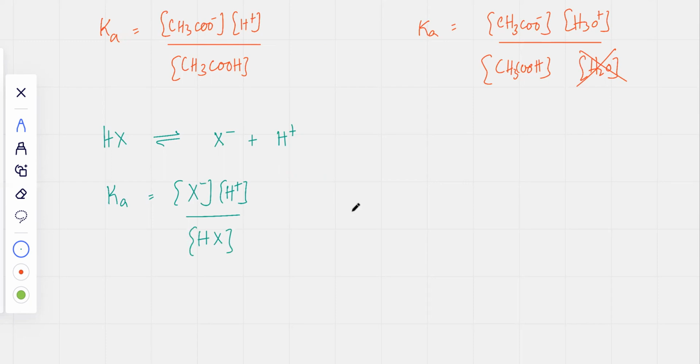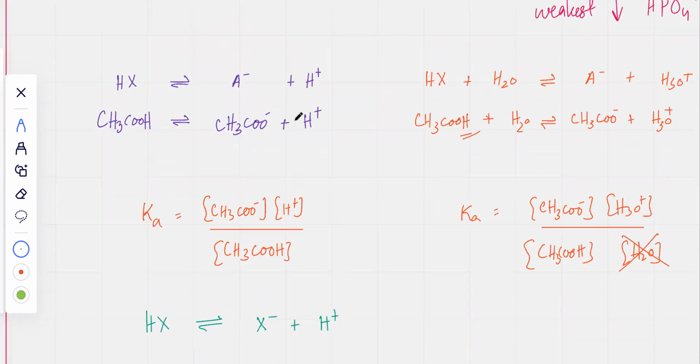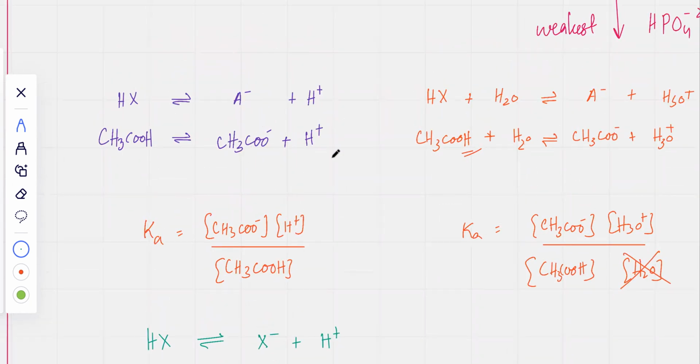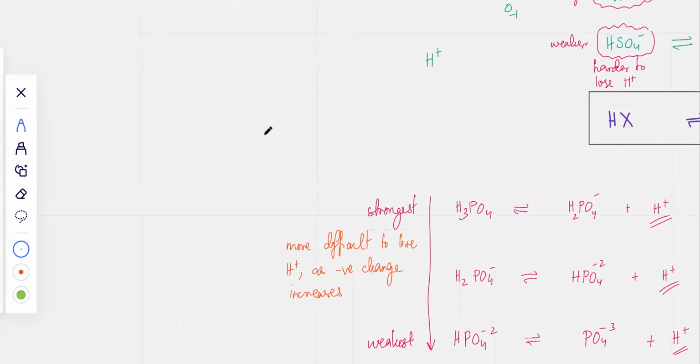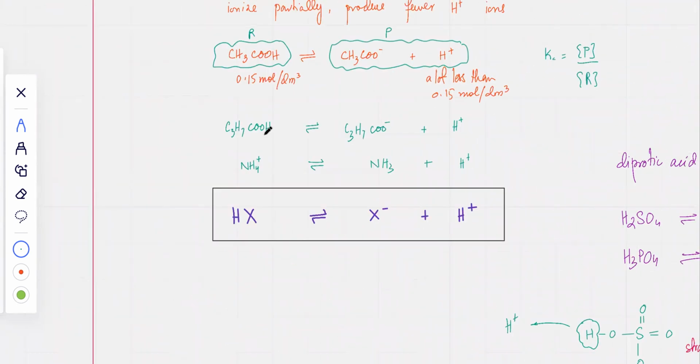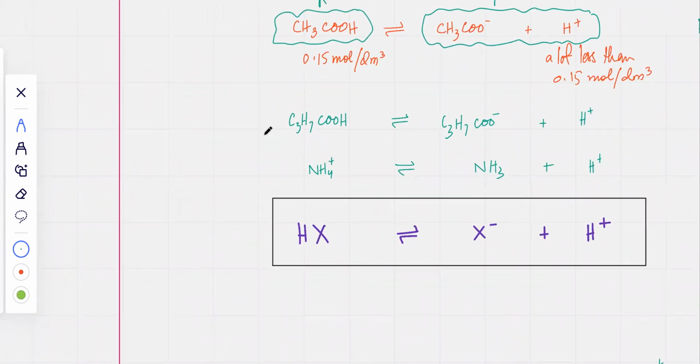If you look at the equation, the X minus 1 concentration and the H plus 1 concentration are always the same. If ethanoic acid or any other acid dissociates, the ions are produced in equal concentration. For any other acid, if I write the K expression, it's exactly the same. For example, for this one, the products are the NH3 concentration times the H plus 1 concentration, and you divide that by the NH4 plus 1 concentration.